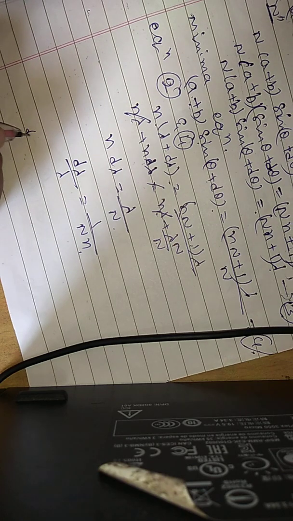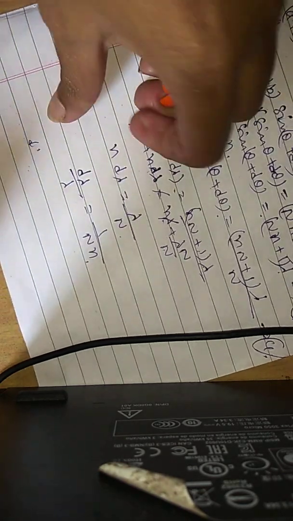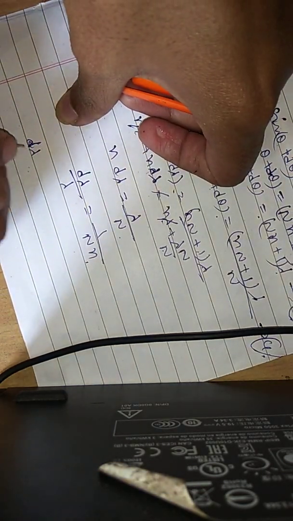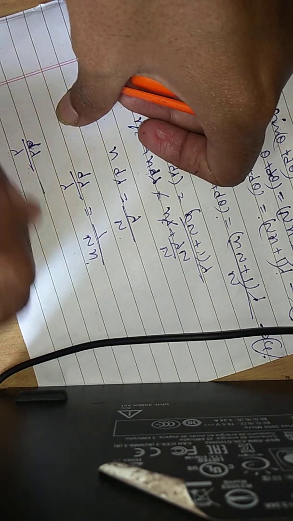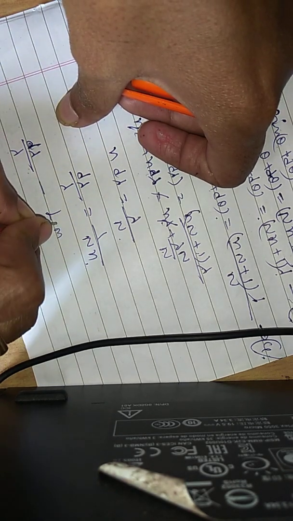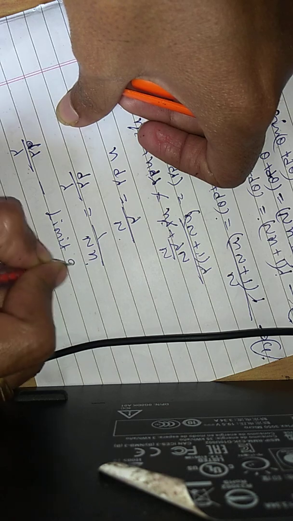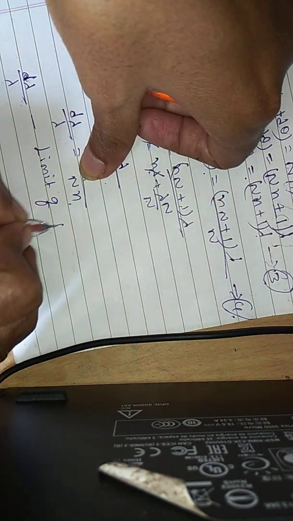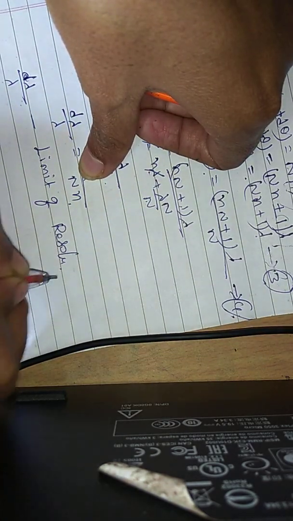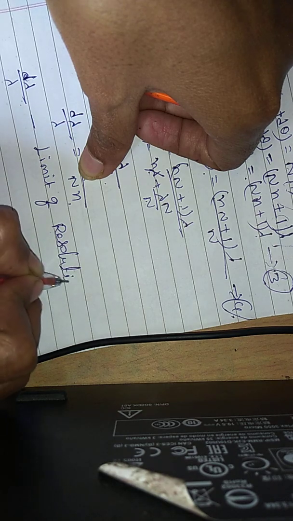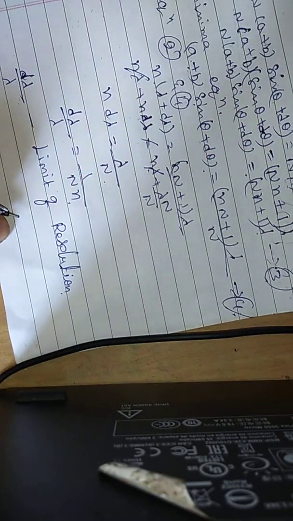So here d lambda by lambda is called the limit of resolution.